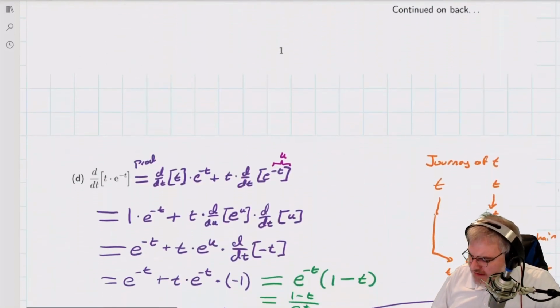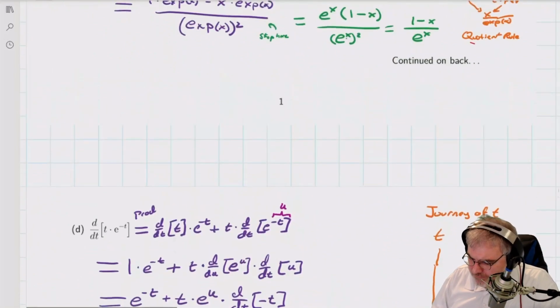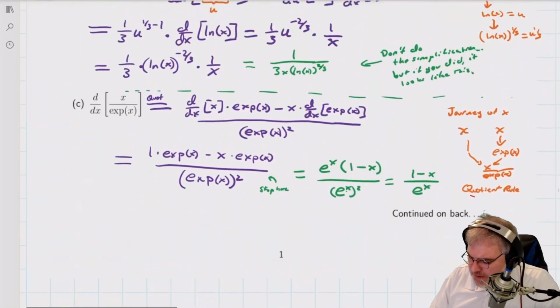Now, let's look at the exact same problem with a product and a chain. Right? This and this are the exact same problem.